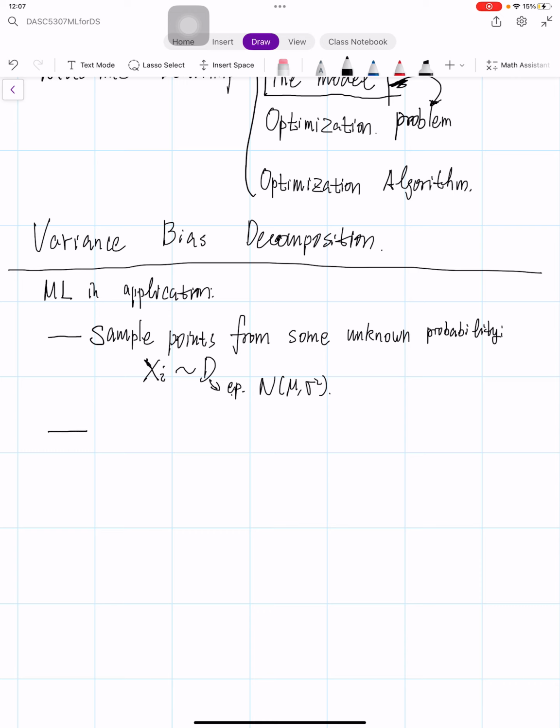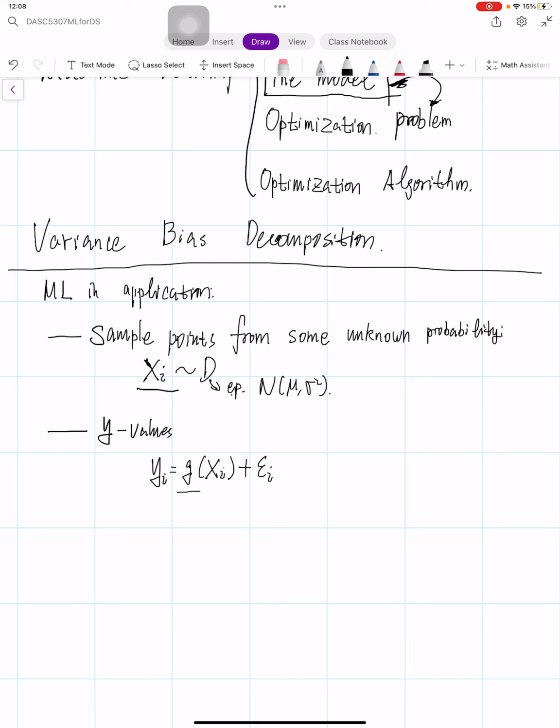Whereas the output y values: for any given x, yi is given by some function g of xi plus some epsilon i.